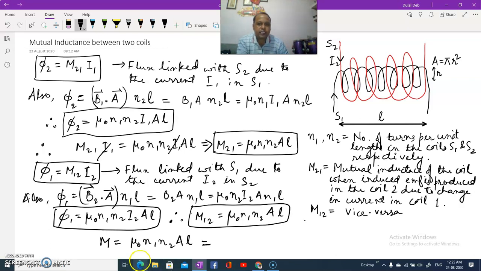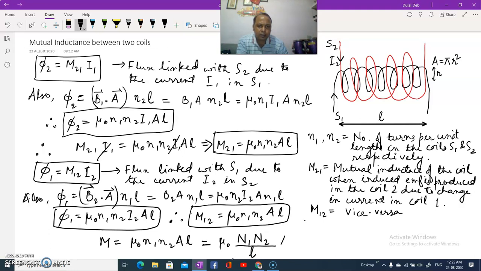It can also be written as mu naught into n1 and n2, the number of turns per unit length. If the total number of turns in the first coil is N1 and in the second coil is N2, then small n1, the number of turns per unit length, will be N1 by L, and n2 will be capital N2 by L. So L square will be there, that will cancel out with the L here.